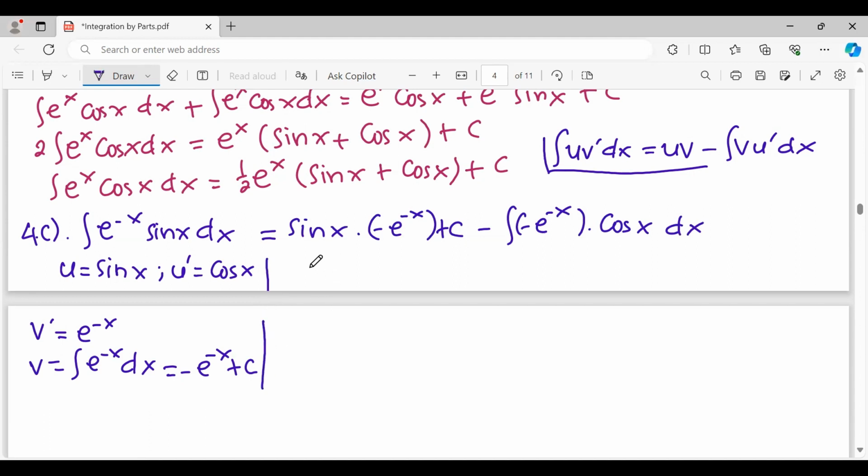It becomes minus e power minus x sine x plus the integral of e power minus x cosine x dx.